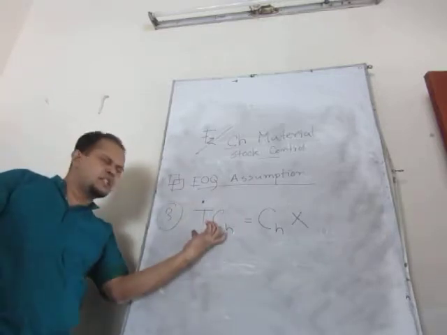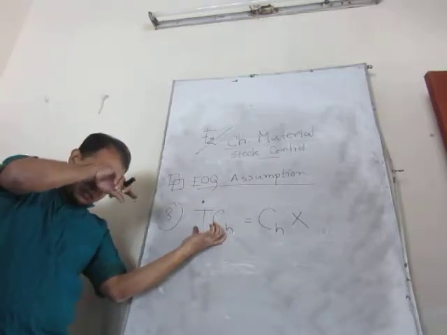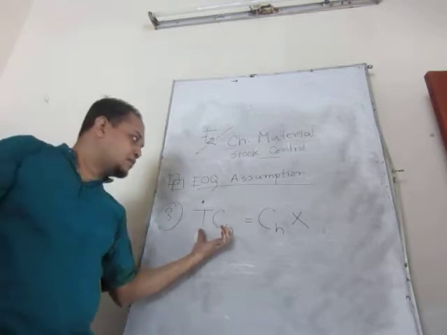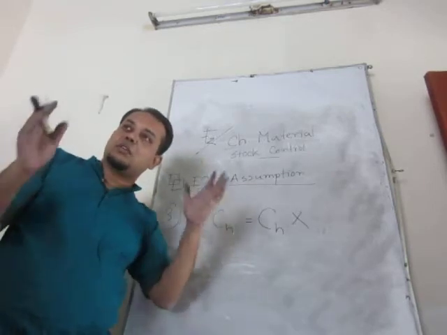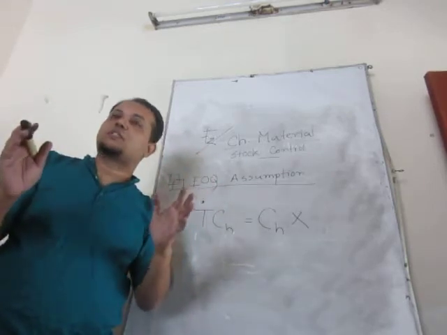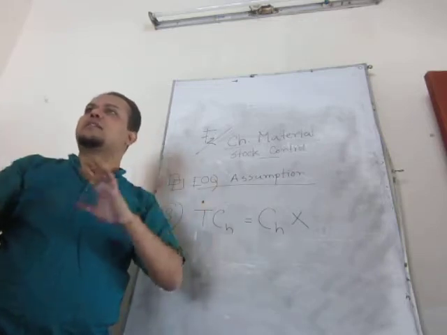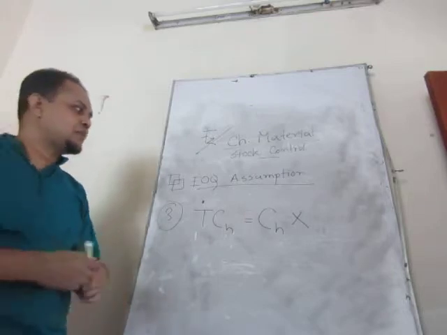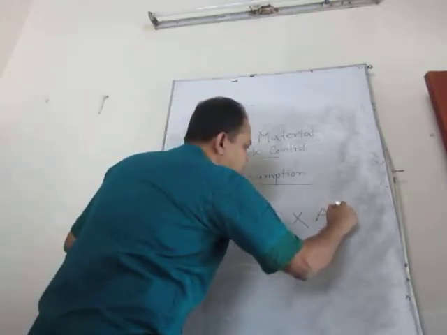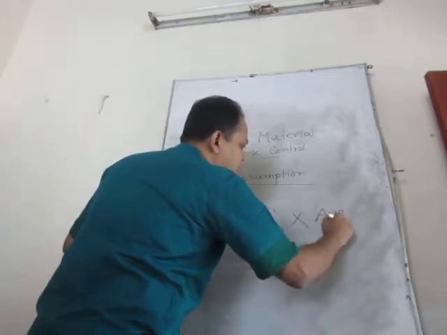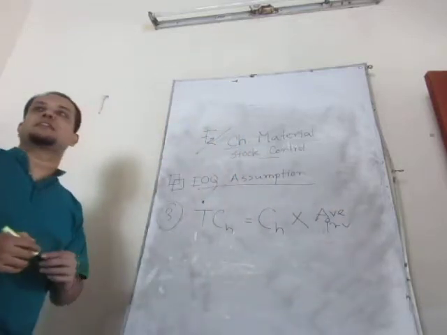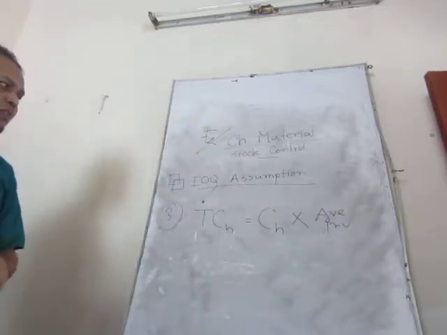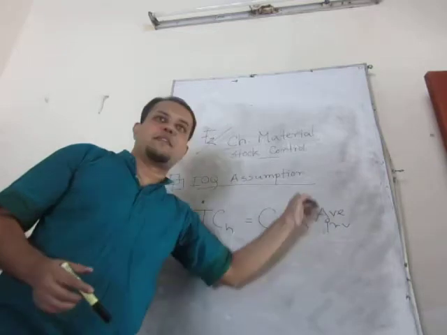So TCH means, I want to say once again, total holding cost means the total cost which is required to hold up the average level of inventory. And how can you find out the average level of inventory? That means CH into average inventory or average stock. Now the question is how we can find out this average stock.